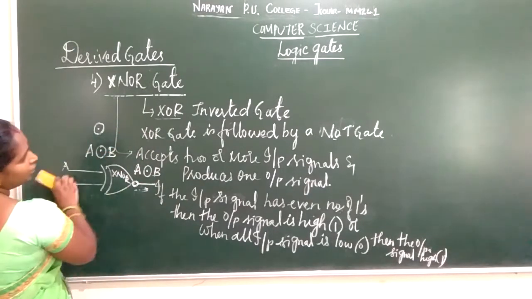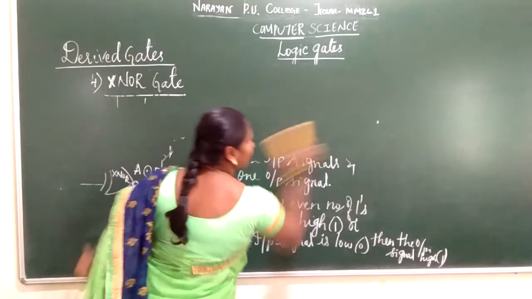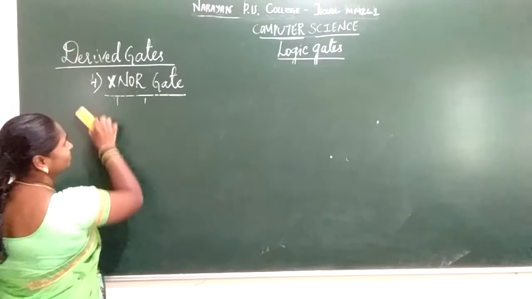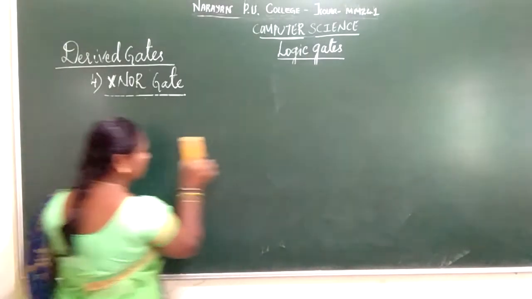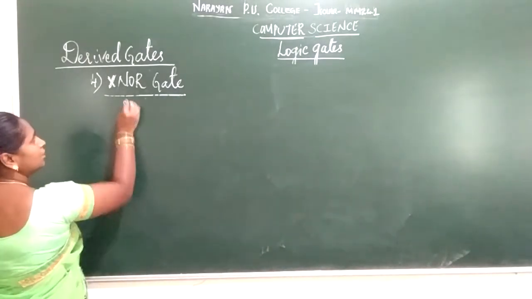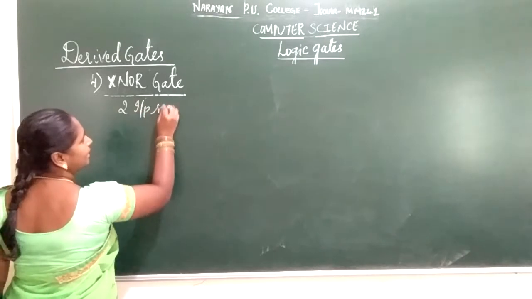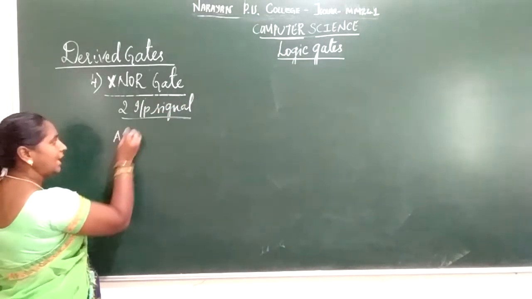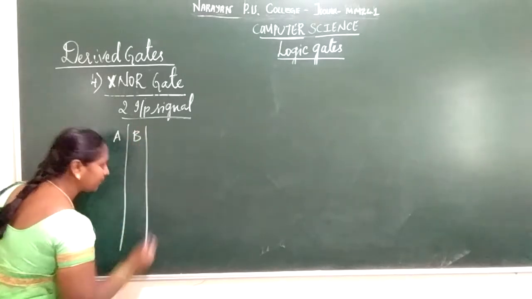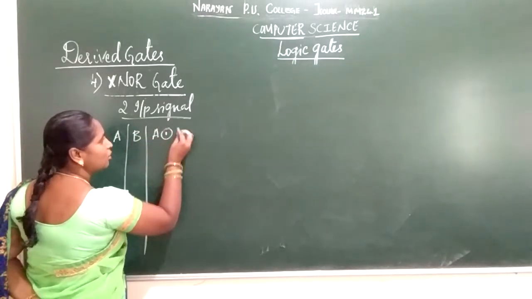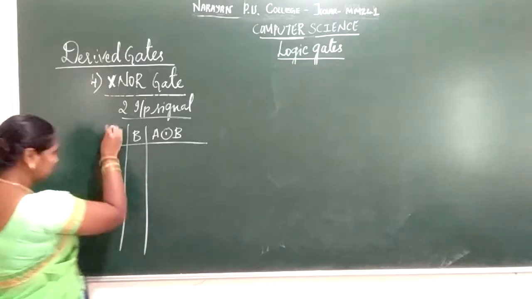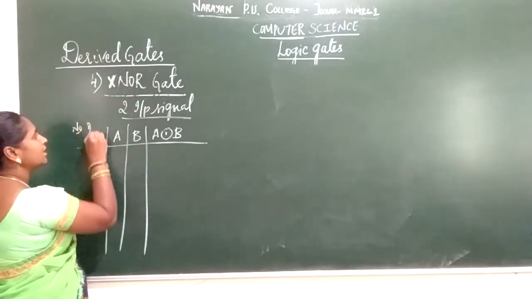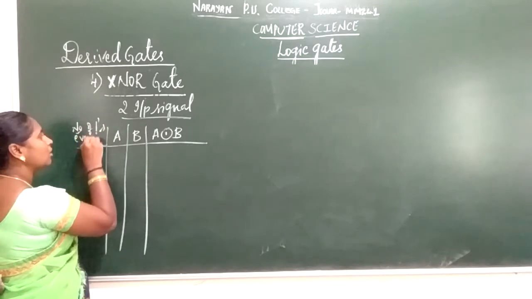First we'll consider a two input signal. Write it as A, B, A XNOR B. Here you write the number of ones, even or odd.